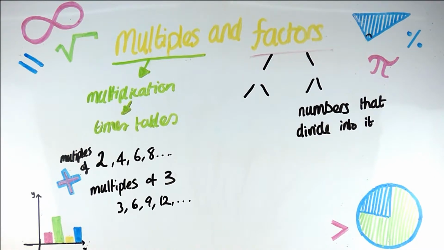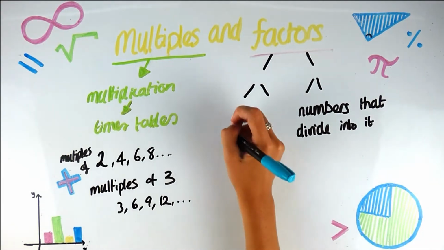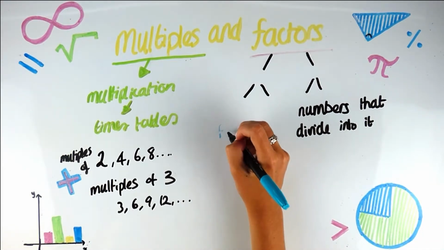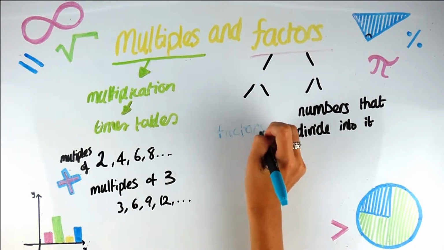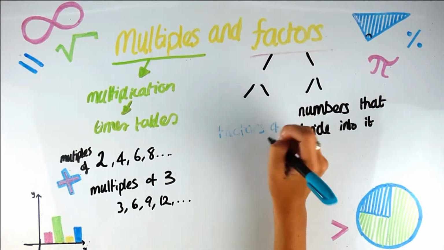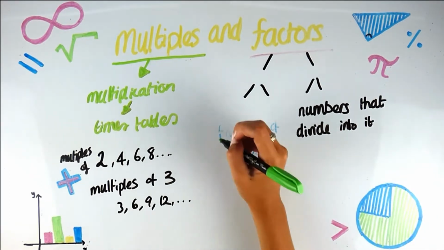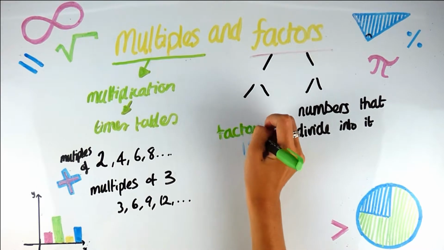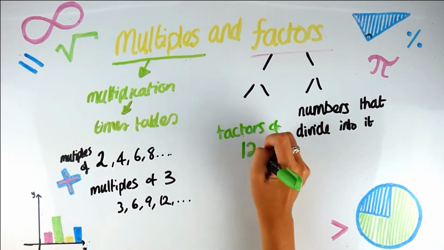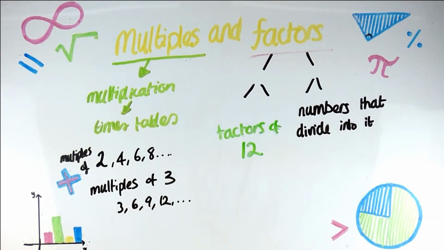So if we look at an example of factors, if I said the factors of 12, I think, oh, factors means numbers that divide into it, so I want all the numbers that divide into 12.